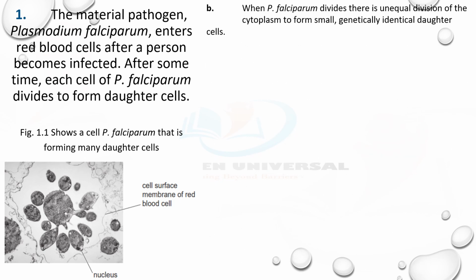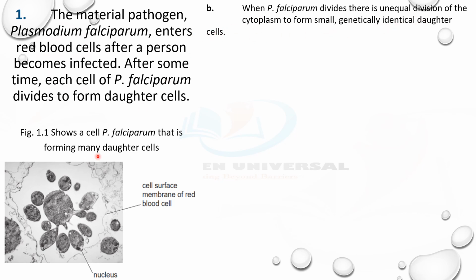All right, look at the question. That's B. This is 1A, 1B. So 1B says when P. falciparum divides, there is unequal division of the cell. Can you see? Unequal division of the cytoplasm, this is larger than this, to form small genetically identical daughter cells.